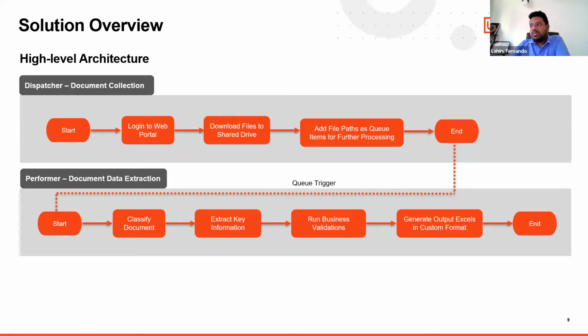And then comes the data extraction part, something similar to what you already saw. At the end, we update that information into an Excel file that is defined in a specific structure, and they can use it for the other activities. This was the flow.